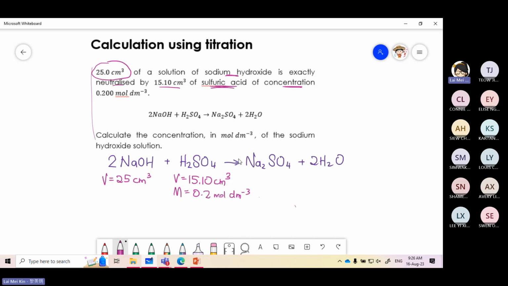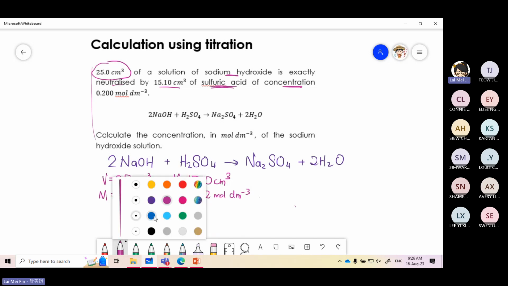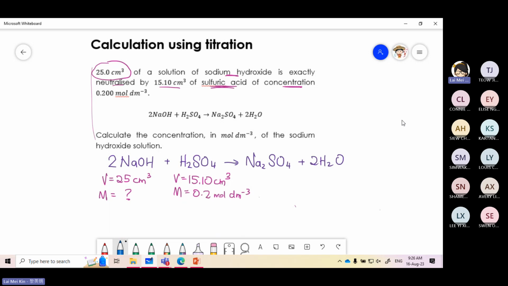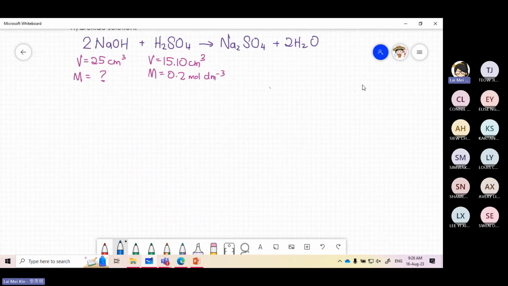Next, calculate the concentration. I want to calculate the concentration of sodium hydroxide. Once I have all the information, let's just look at the stoichiometry, easier. If I have a question mark here, that means this information is incomplete, so I cannot start from here.